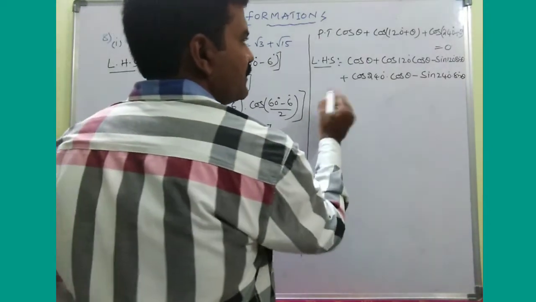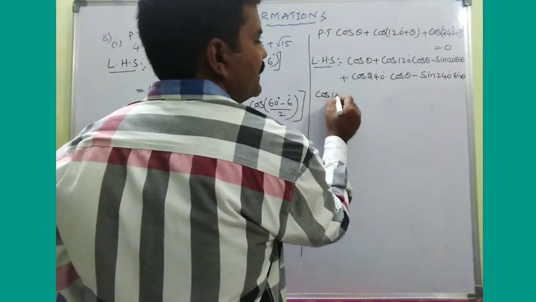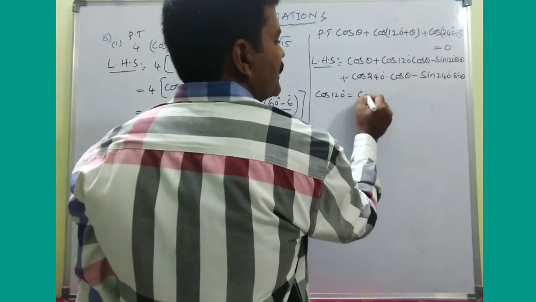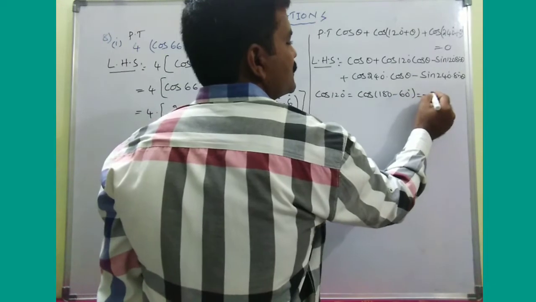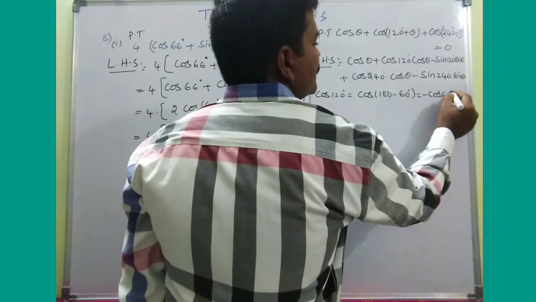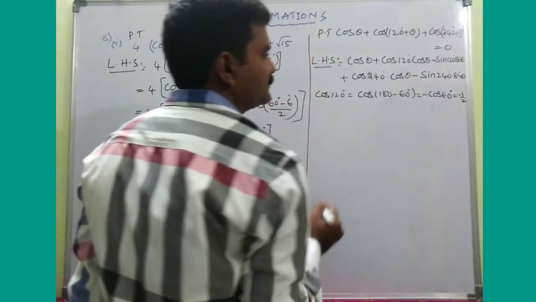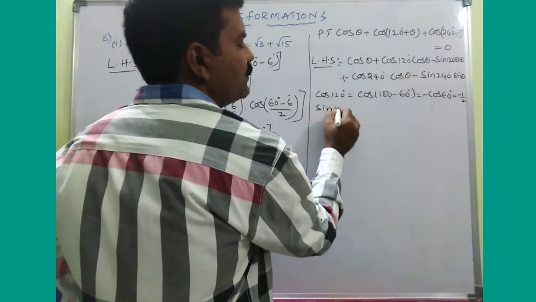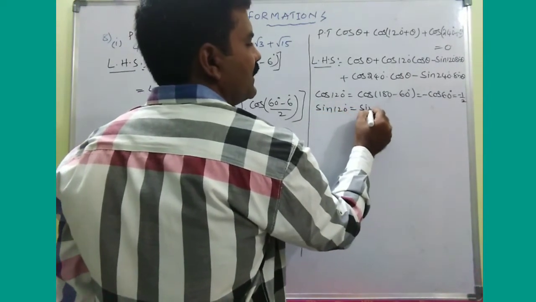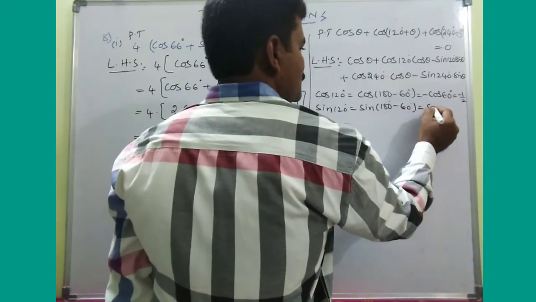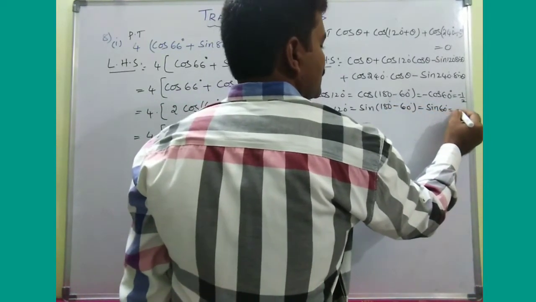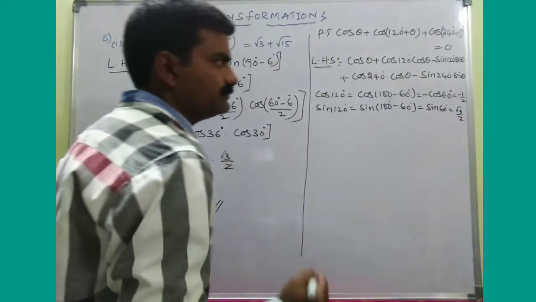So here first we must know cos 120, which we already know, or you can write it as 180 minus 60, which is equal to minus cos 60, which is minus 1 by 2. And coming to sin 120 value, I can write it as 180 minus 60, which is equal to sin 60 degrees, which is root 3 by 2.